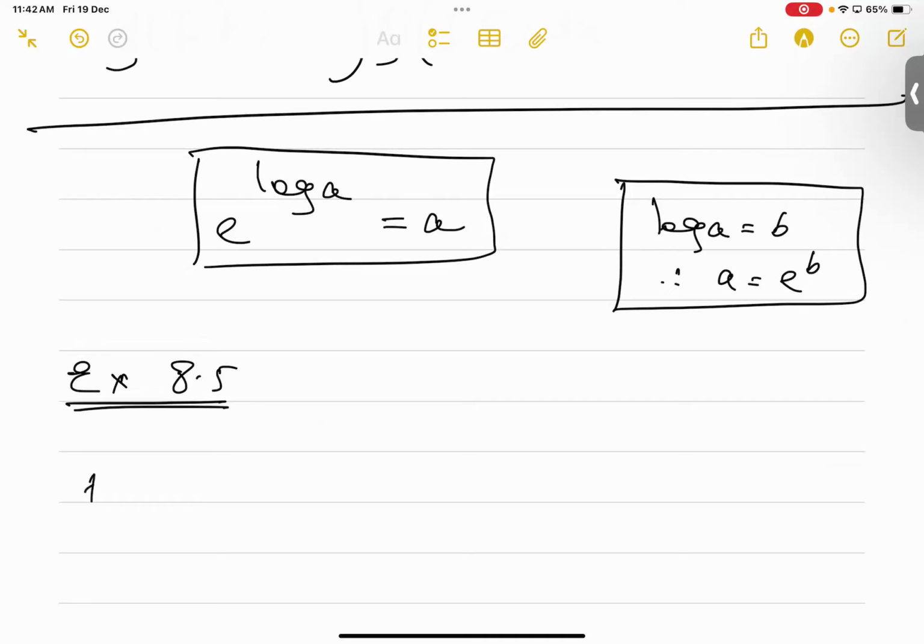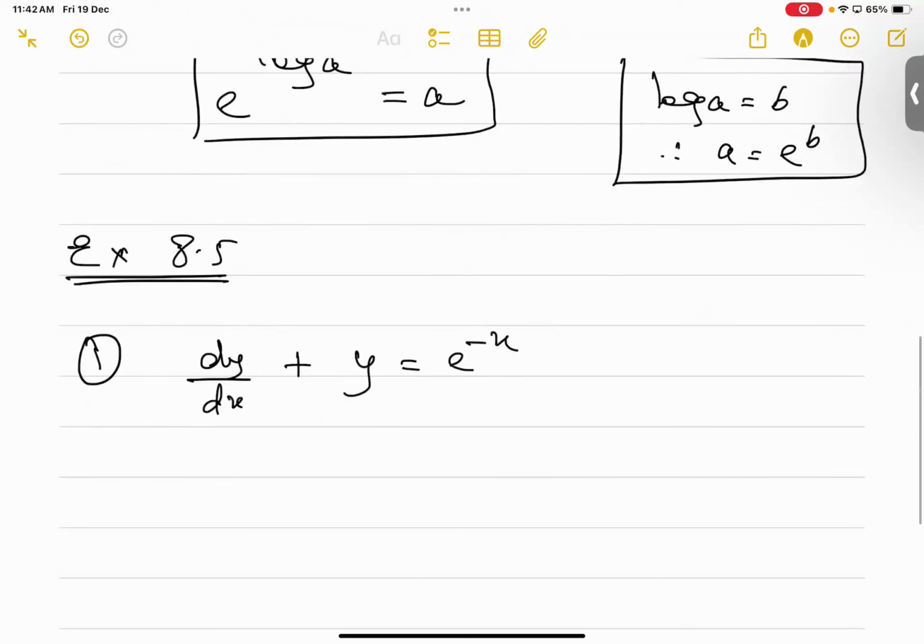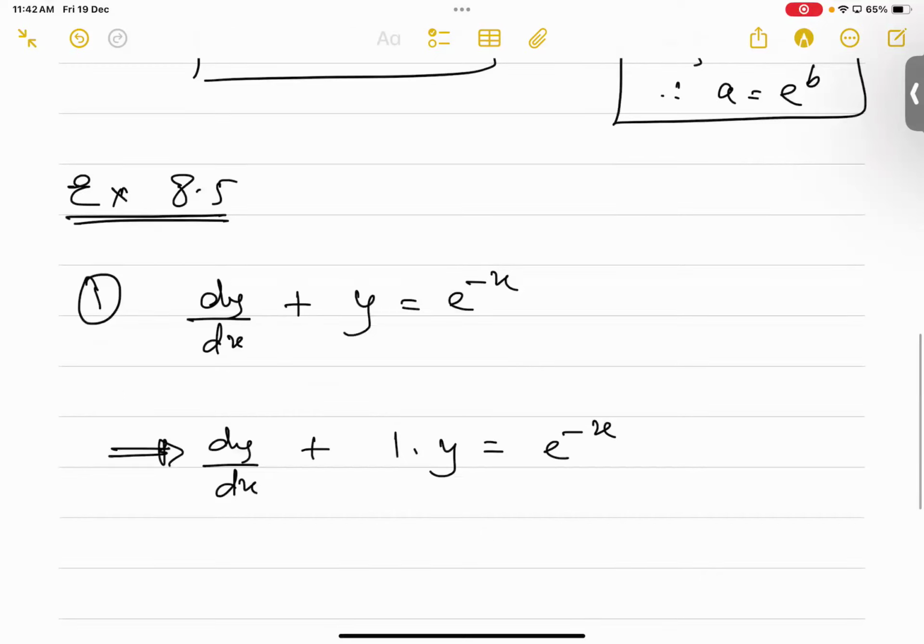Exercise 8.5, question number 1. dy by dx plus y is equal to e raised to minus x. Purposely I have written y as 1 into y.